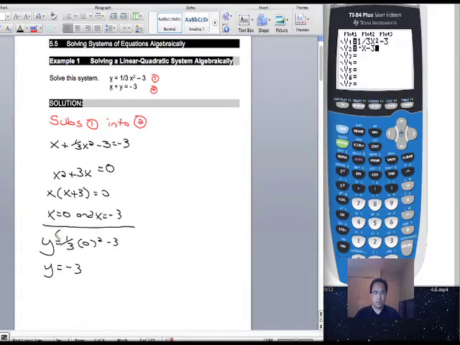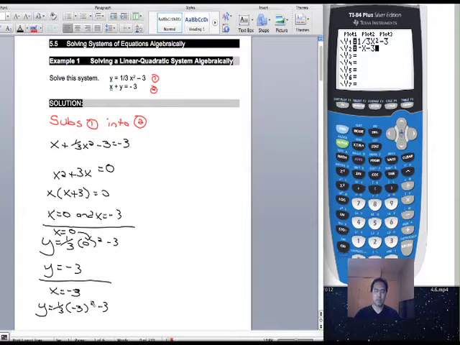Okay, sorry, I want to say that this is when I substitute 0 in for x. In this one, let's put in -3, so x equals -3. So it's y equals 1/3 times -3 squared minus 3.